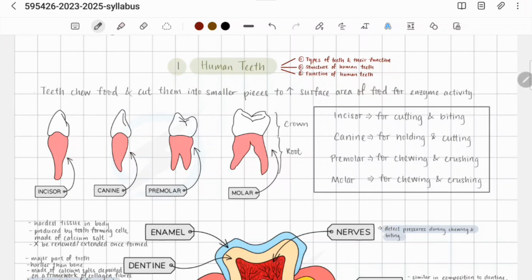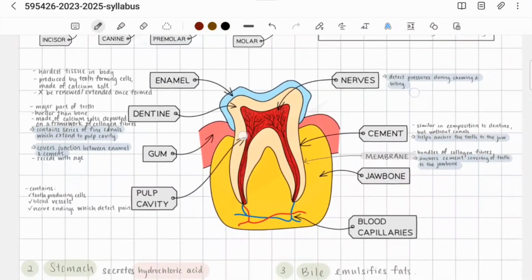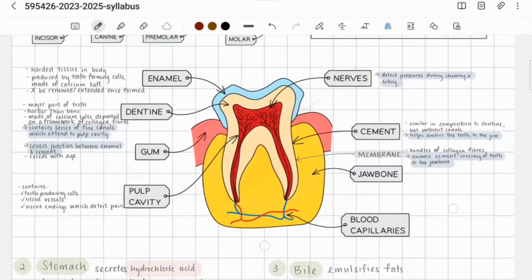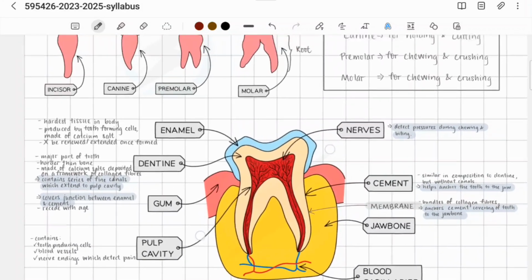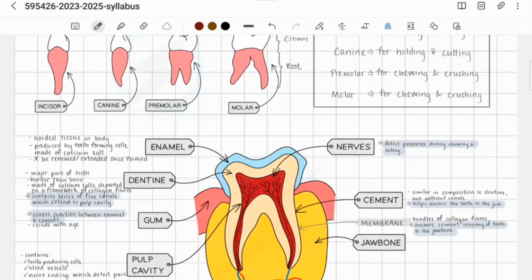Premolar and molar are for chewing and crushing, both are the same, just that molar is a bit more inwards. Okay, and then after that we move on. This is the structure of a tooth. For the 4 types of teeth, the structures are the same, just that their shape is different.